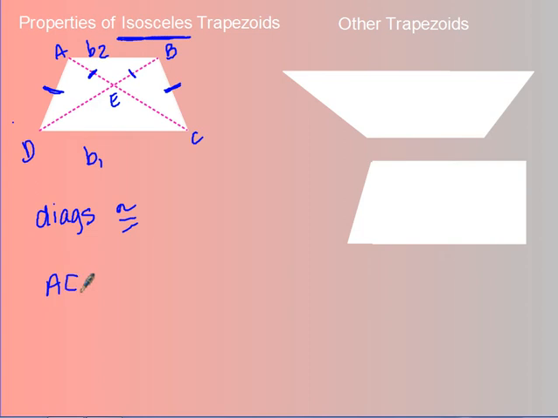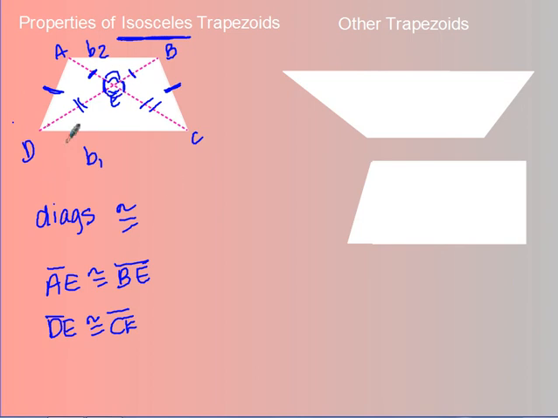So we would say that AE is congruent to BE, and then on the bottom, DE is congruent to CE, and they do not always intersect at 90 degrees. So the opposite angles will be congruent. They're your vertical angles. Okay.